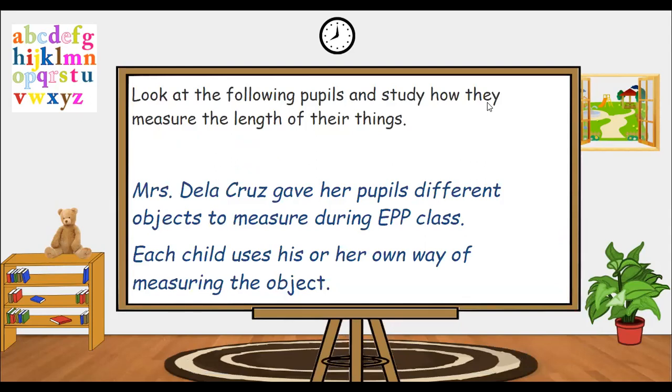Now, look at the following pupils and study how they measure the length of their things. So here is the problem. Mrs. De La Cruz gave her pupils different objects to measure during the EPP class. So each child uses his or her own way of measuring the object.